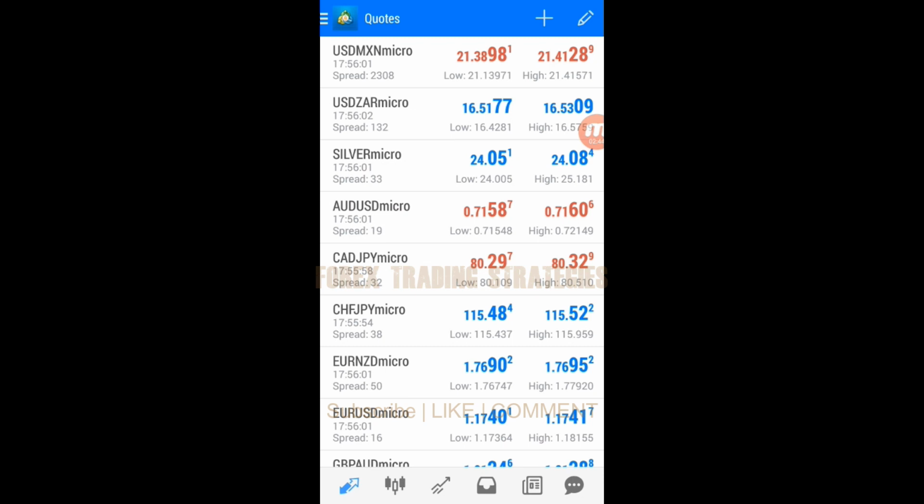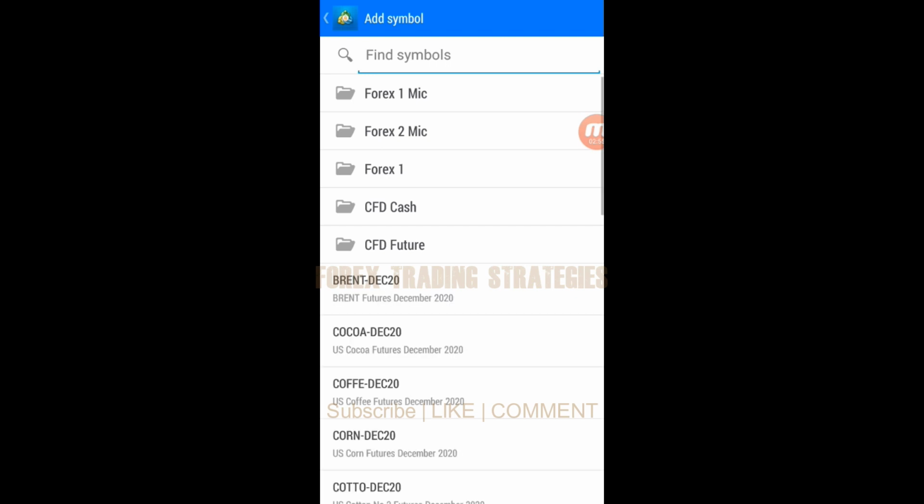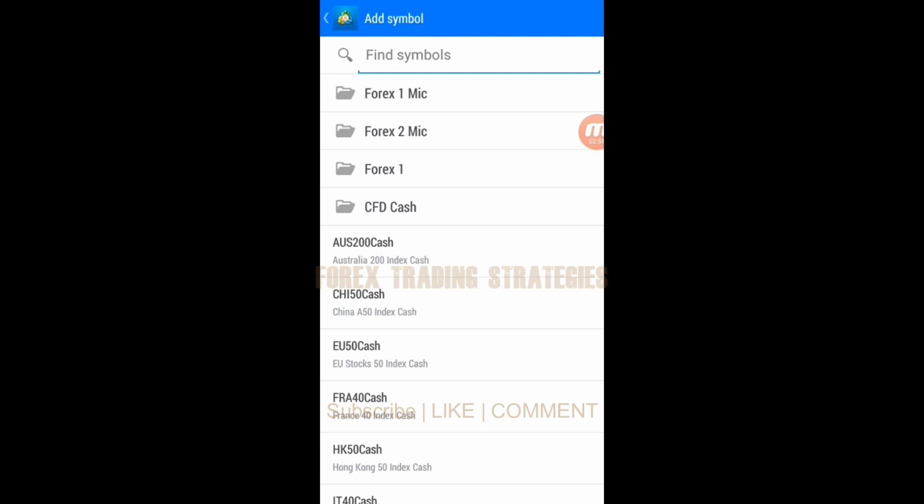That's the first step. After that, go into your MetaTrader, whether it's CFD futures or CFD cash.